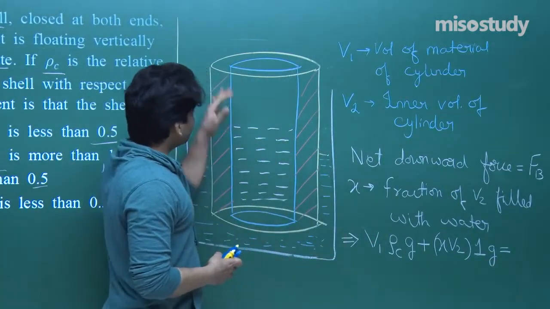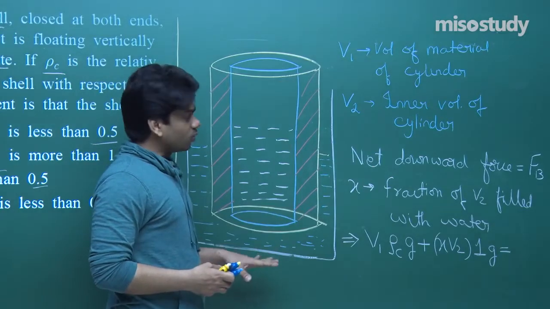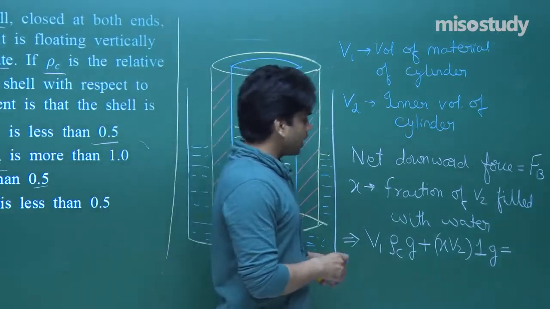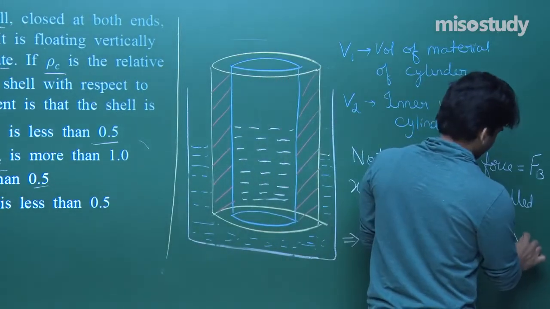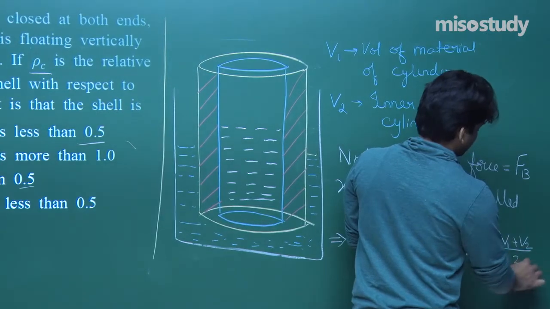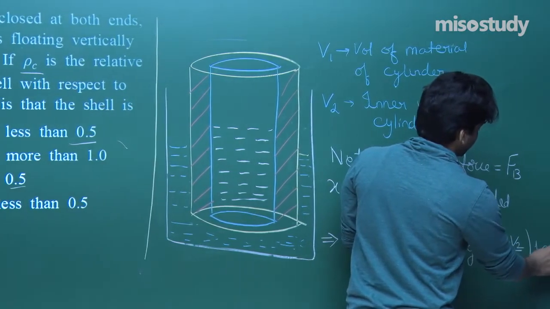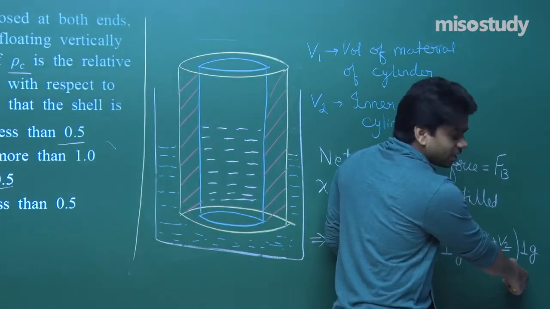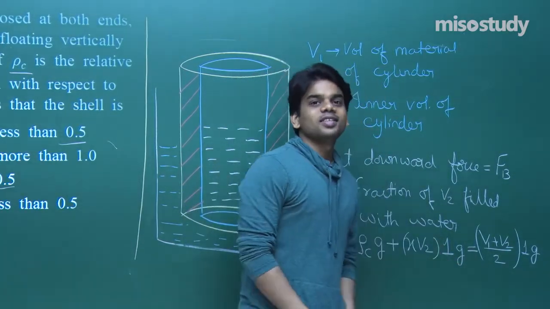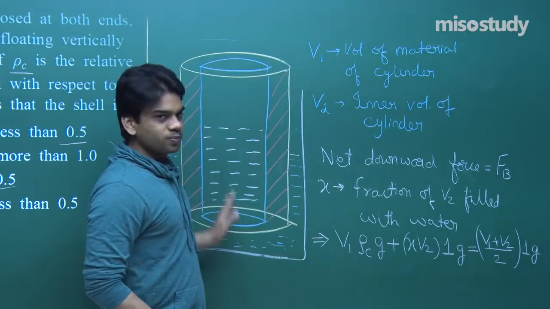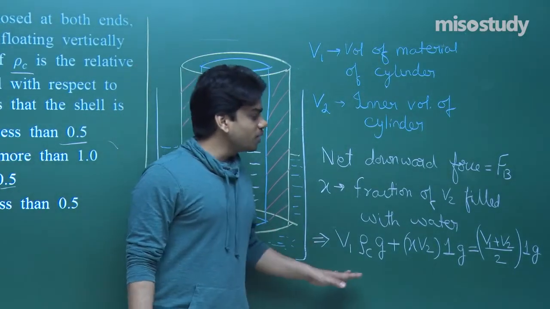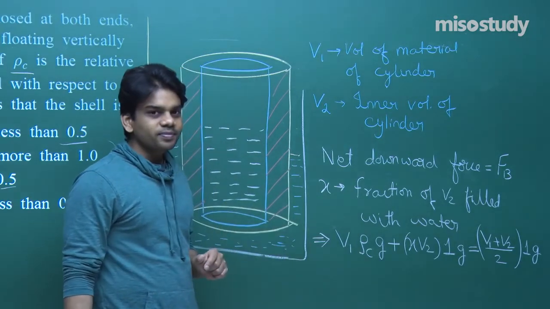The entire volume will be V1 plus V2, so half submerged means (V1 plus V2) by 2, and this you multiply with 1 into G. I believe you can see up till this end, that will not be a problem. Why have I taken (V1 plus V2) by 2? Because the total volume will be V1 plus V2, and half submerged, so (V1 plus V2) by 2 into 1 into G.